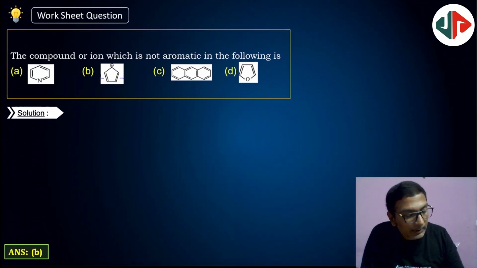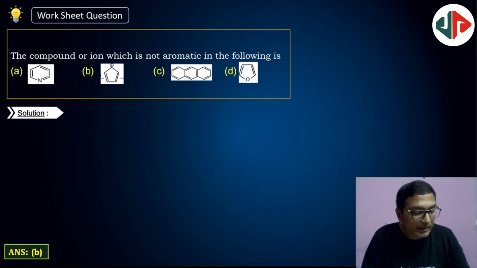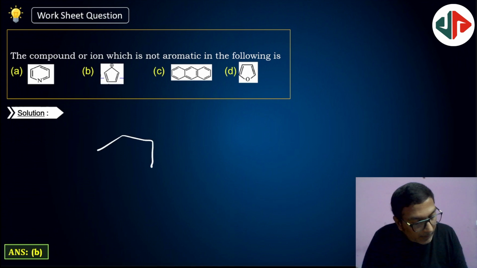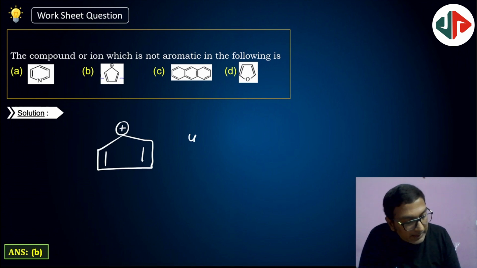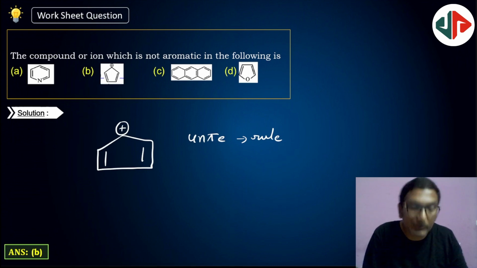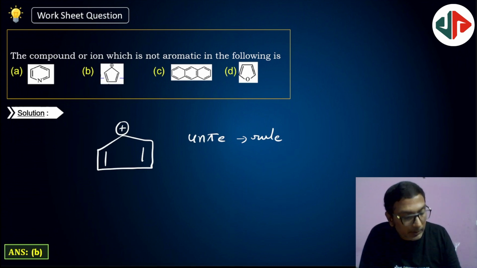The compound or ion which is not aromatic in nature. So here 2 double bonds and plus. So it obeys the 4n pi electron rule. With the 4n pi electron rule, multiples of 4, that is anti-aromatic.